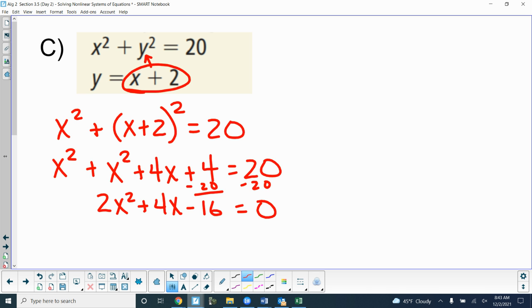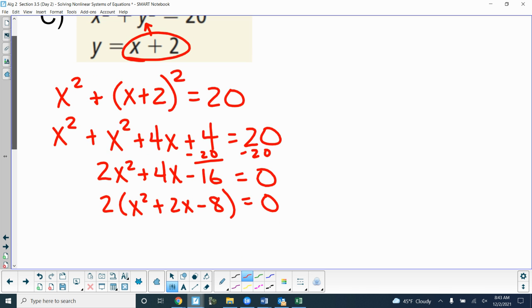So again, I like to factor if possible. This has a GCF of 2, so I get x squared plus 2x minus 8. Are there factors of negative 8? Multiply two numbers to get negative 8 that add to give me positive 2.